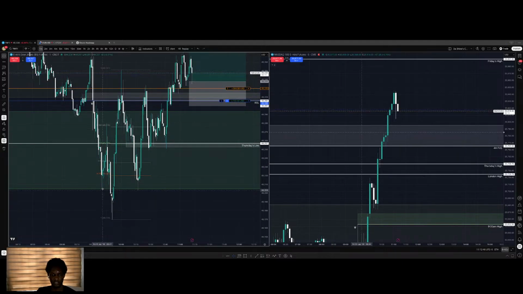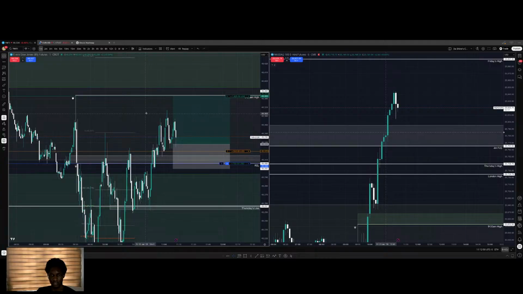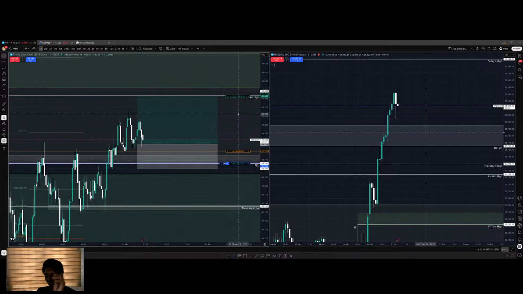Because look at this: low, low, low, right? So when price wants to buy, you want to say that. If it wants to sell, you want to say this. It took out this high, came back, failed to take this high, and it didn't form that type of low yet.